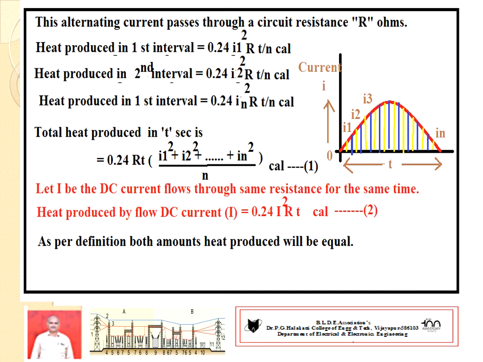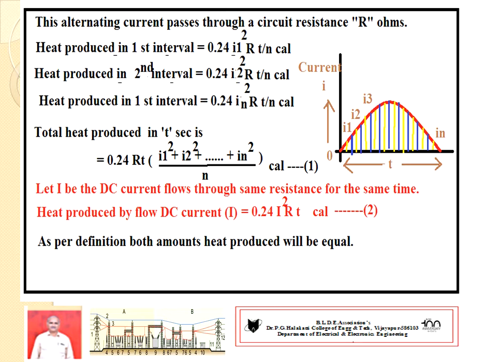This alternating current passes through the circuit resistance R ohms. I1 is the mid-ordinate of the first interval, I2 of the second interval, I3 of the third interval, up to In, the mid-ordinate of the nth interval.